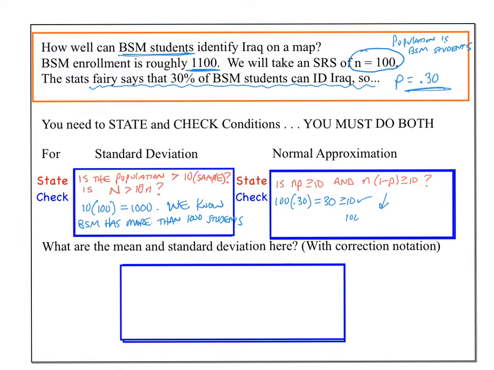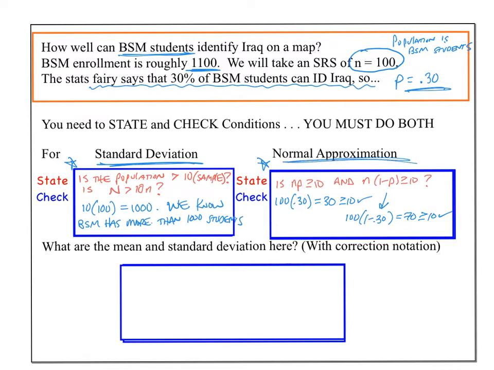Our sample size of 100 times 1 minus p, which is 0.30, is 70, and 70 is greater than or equal to 10. So both of those work. So now that this first condition worked, that means we can use our standard deviation formula. And because the second condition worked, we get to use a normal approximation.